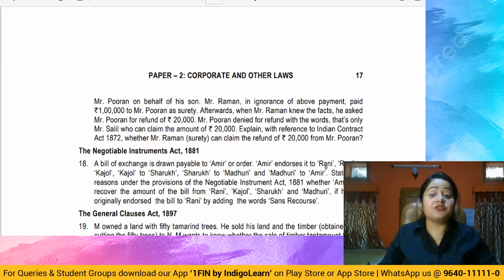Mr. Raman, in ignorance of the above payment, paid 1 lakh rupees to Mr. Puran as surety. Afterwards, when Mr. Raman knew the facts, he asked Mr. Puran for the refund of 20,000 rupees. Mr. Puran denied the refund with the words that only Mr. Salil can claim the amount of 20,000 rupees. Explain with reference to the Indian Contract Act whether Mr. Raman can claim the amount of 20,000 rupees.